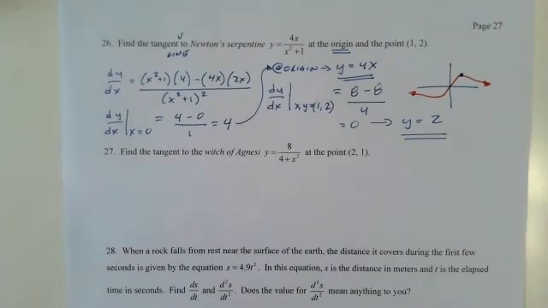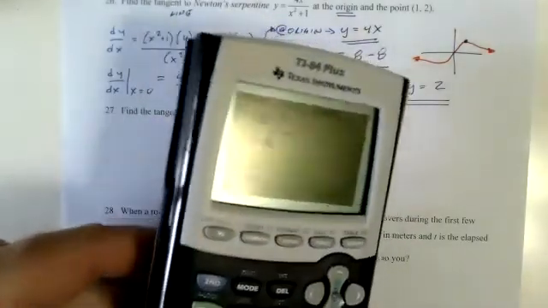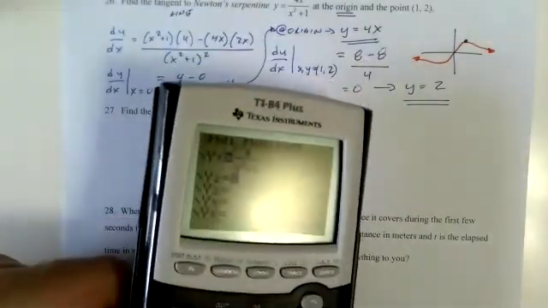Cool math. Now, the Witch of Agnesi, I actually don't know what that is. It's a mistranslation of a woman's name, and it sounds very skeevy, to put it very, very mildly, about why they're calling this woman a witch. They're not. They just mistranslated her name. Look it up. It's interesting. I was lazy, so I wrote it as x squared plus 4 instead of 4 plus x squared.